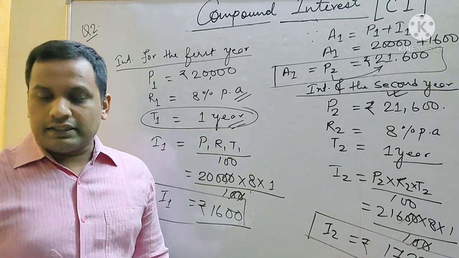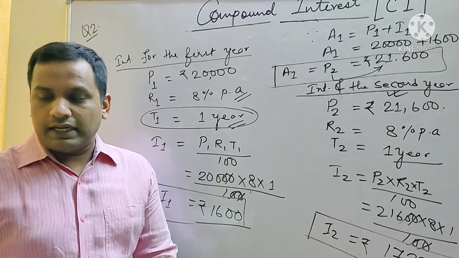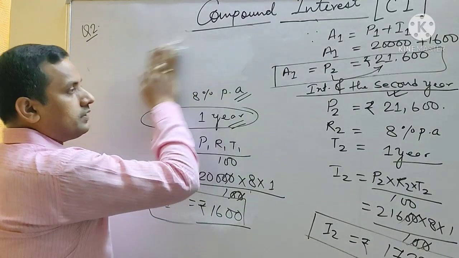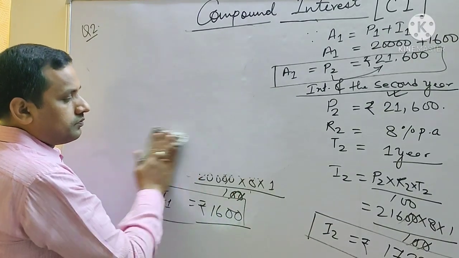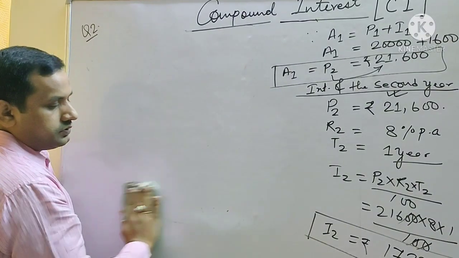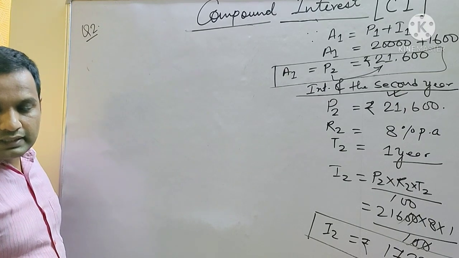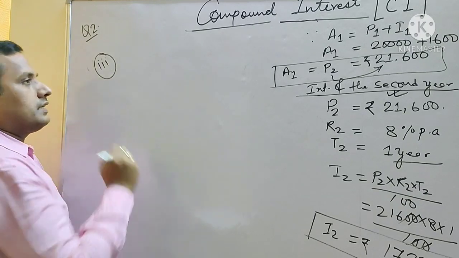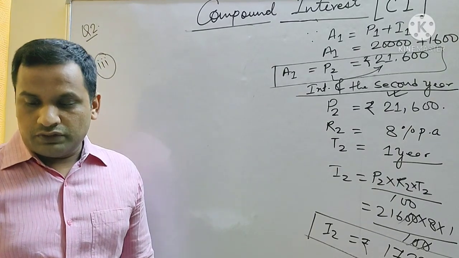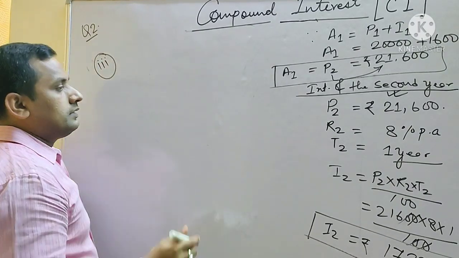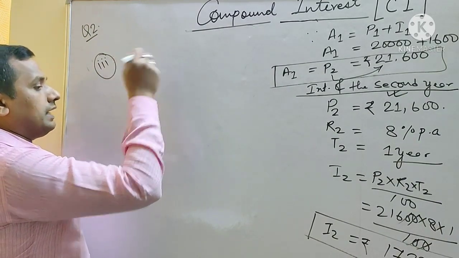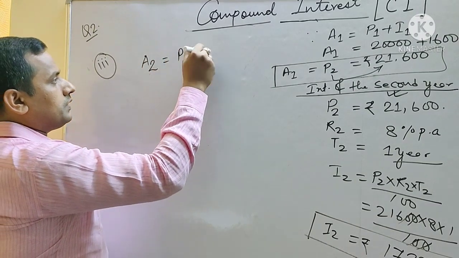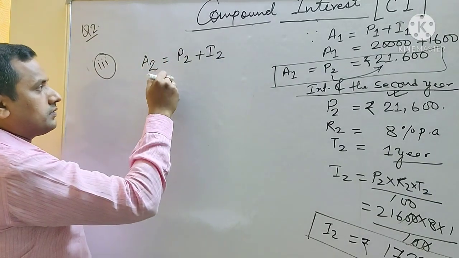In the third part, it is asking for the final amount at the end of the second year. So amount 2 will be equal to principal of the second year plus interest of the second year.